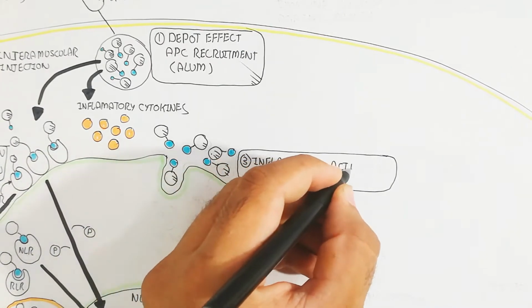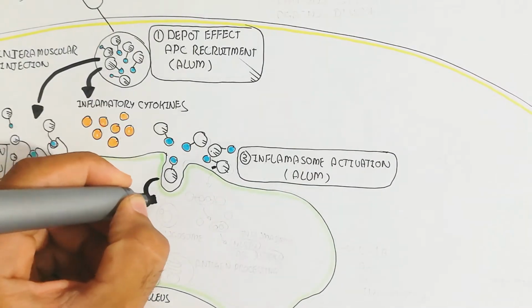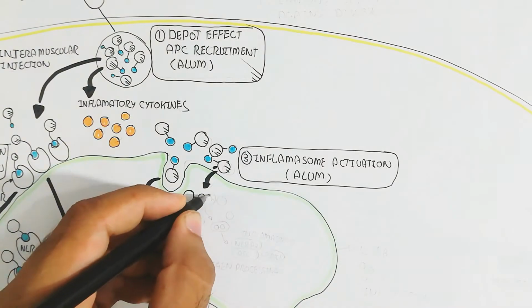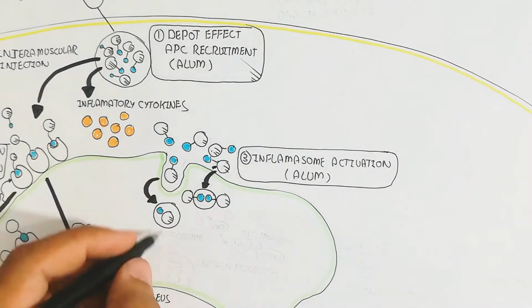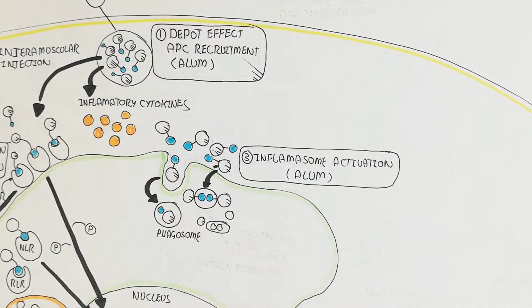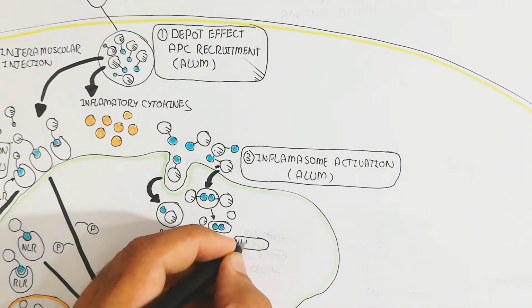Number 3 is the inflammasome activation through alum, and in this way phagosome formation will occur after the endocytosis, and the antigen will be processed in this phagosome. After the antigen processing, it will be shown through an MHC class 1 molecule on the surface of the membrane.